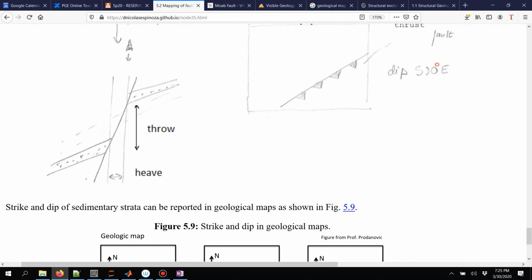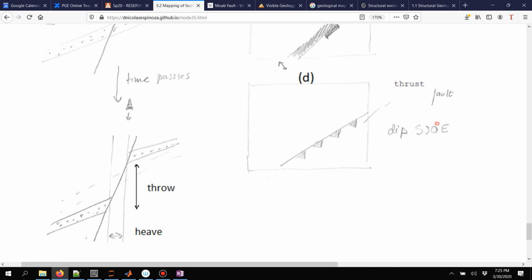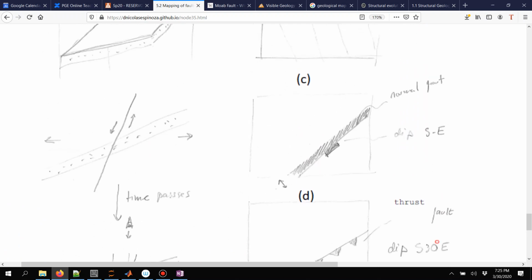And the way to put this into a geological map would be to fill up this space with a fault line, which is this one. In this particular case, this gap is telling me that there is a normal fault. The direction of this line tells me what is the strike of this fault.